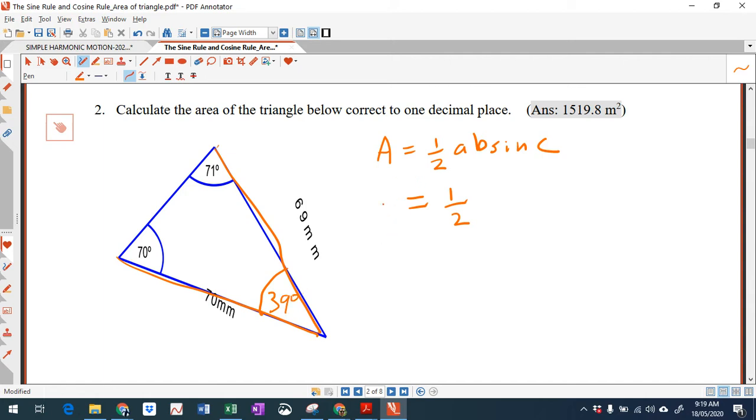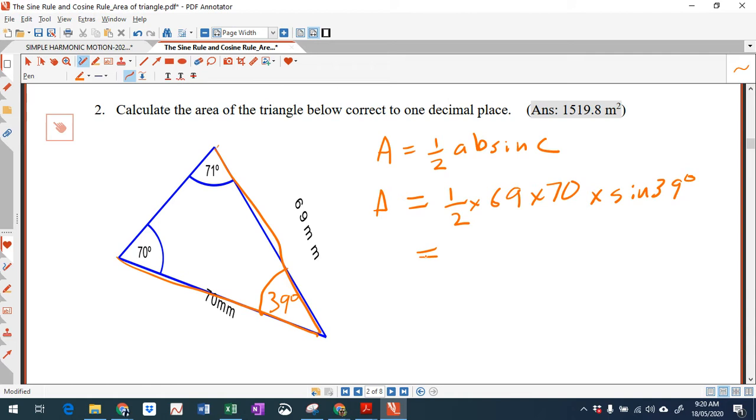Okay, so the area will be a half times 69 times 70 times sine of 39 degrees. Okay, so that equals 0.5 times 69 times 70 times sine of 39 degrees.